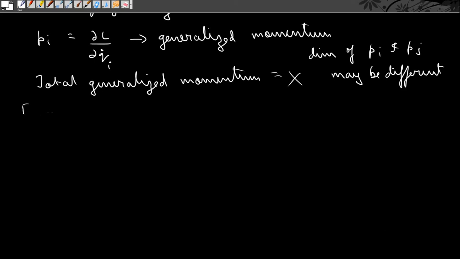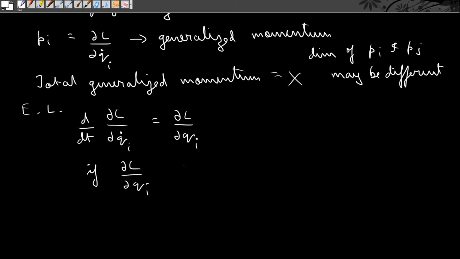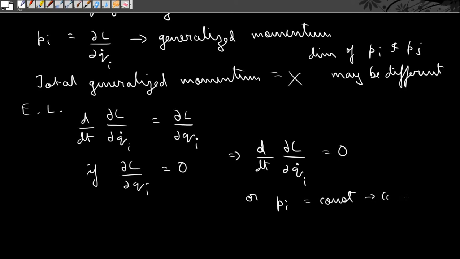However, our Euler-Lagrange equations give us d by dt of dou L by dou Qi dot is equal to dou L by dou Qi. Now, if dou L by dou Qi was equal to 0, this would imply d by dt of dou L by dou Qi dot is equal to 0, or Pi is equal to constant, which implies conserved.